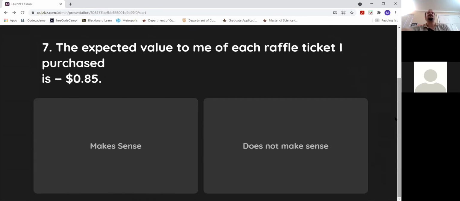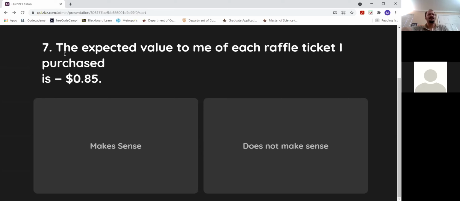So does this make sense? This is basically the same question. The expected value to me of each raffle ticket I purchased is negative 85 cents. I skipped right past this, but it shouldn't, hopefully.